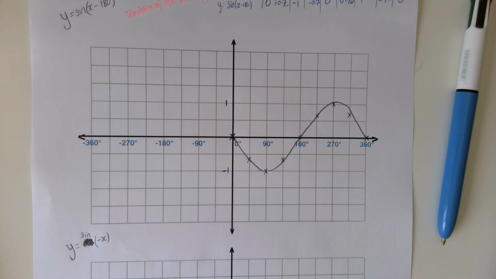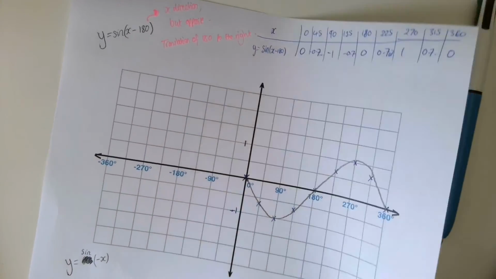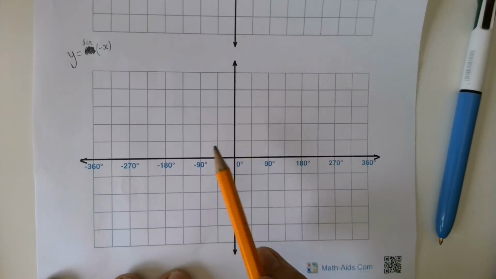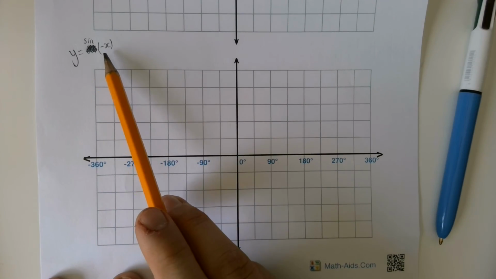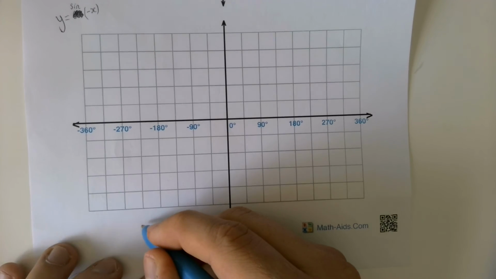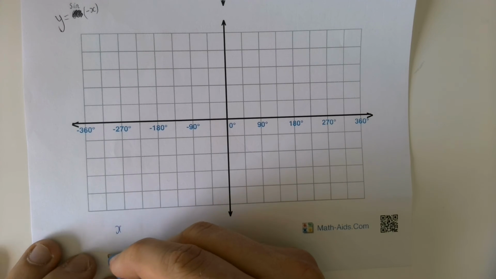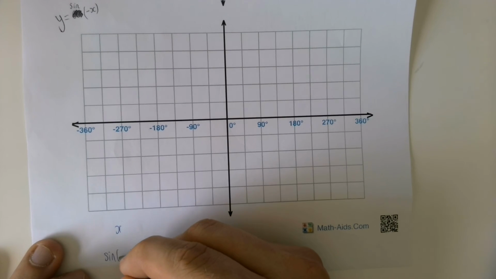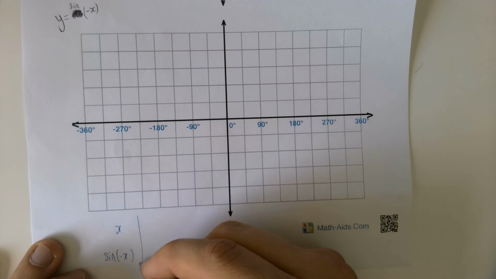Okay, and the final one. Now this could come up. This is actually going to be, well, we'll see what's going to happen. So again, I'm going to do my usual x and sine minus x.